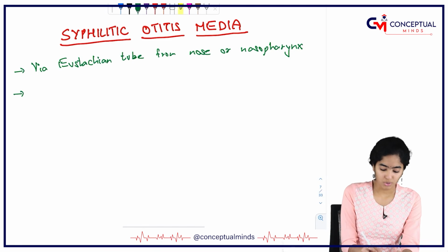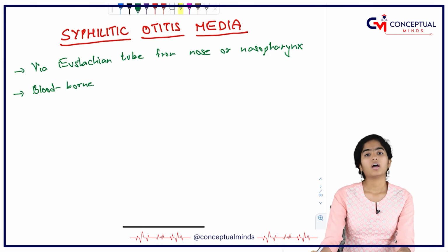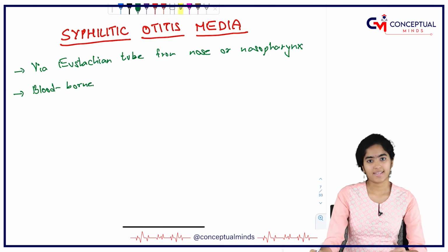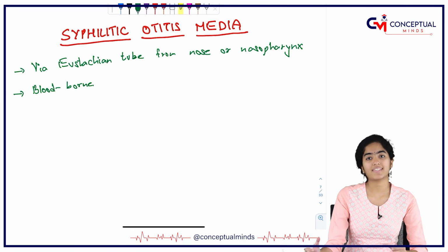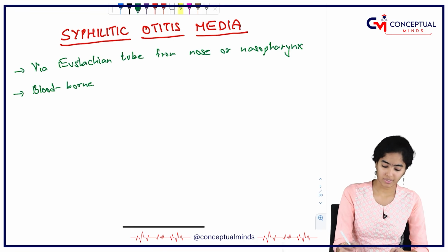Sometimes the infection could also be blood-borne. The problem with syphilis is it affects the sensory end organs of the inner ear, and even the nerves are affected, and this will lead to sensory neural type of hearing loss.